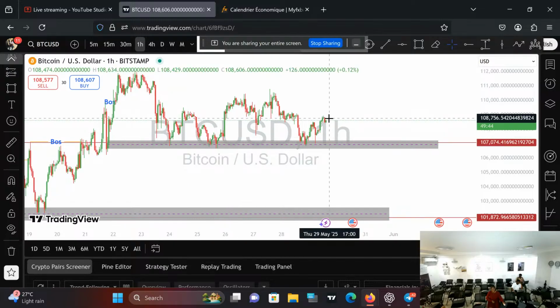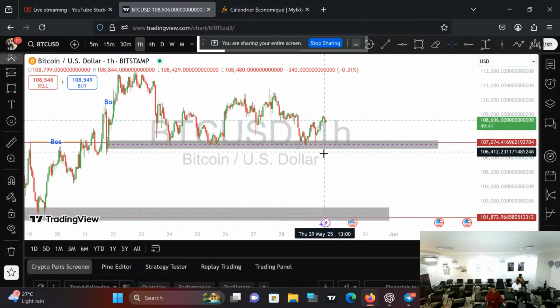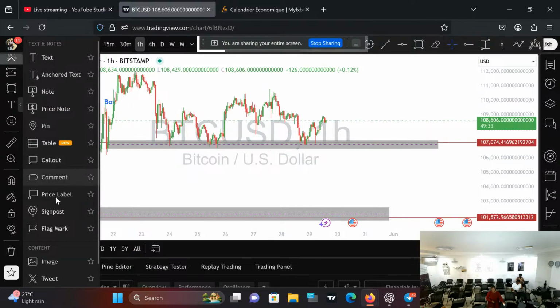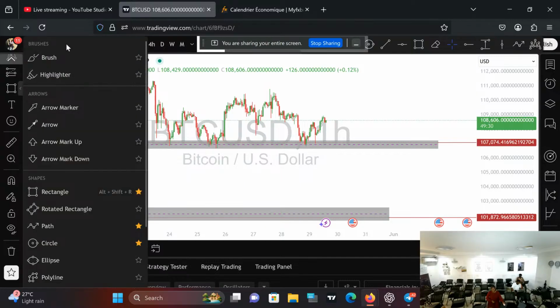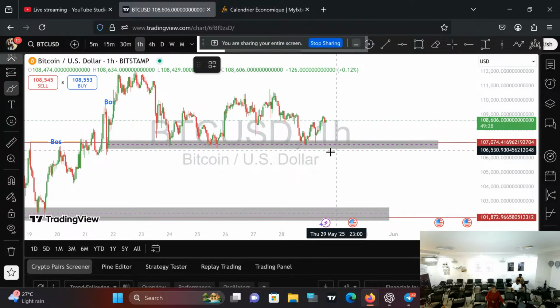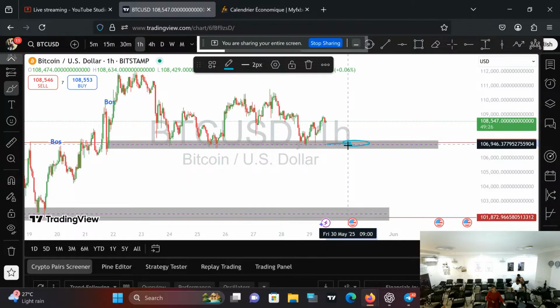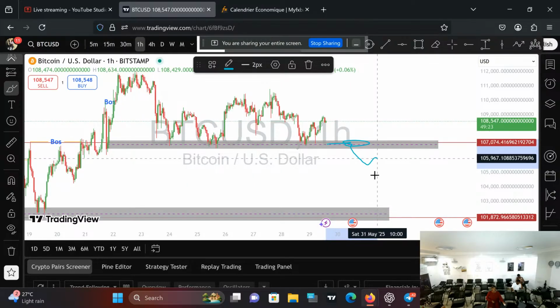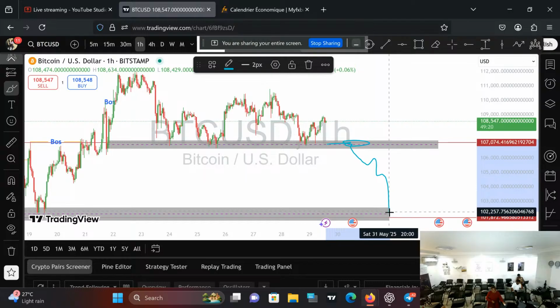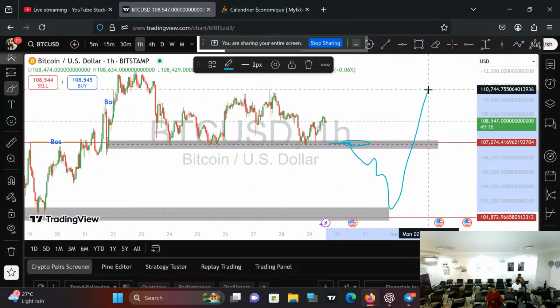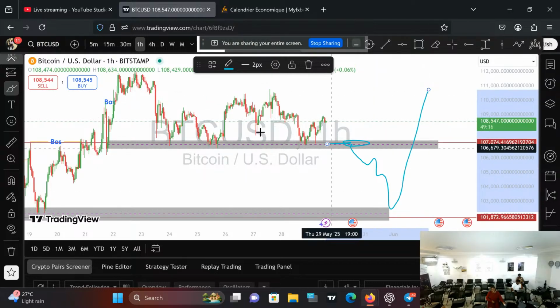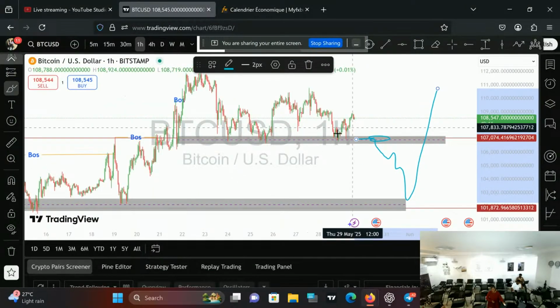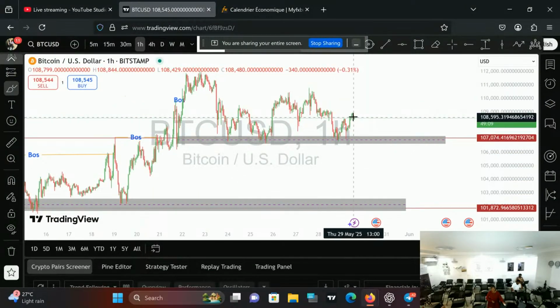The market is telling us that if it breaks this level, this zone, the market will continue going down to this point before you can have a buy, because in general the market is in an uptrend, so we are looking for a retracement.